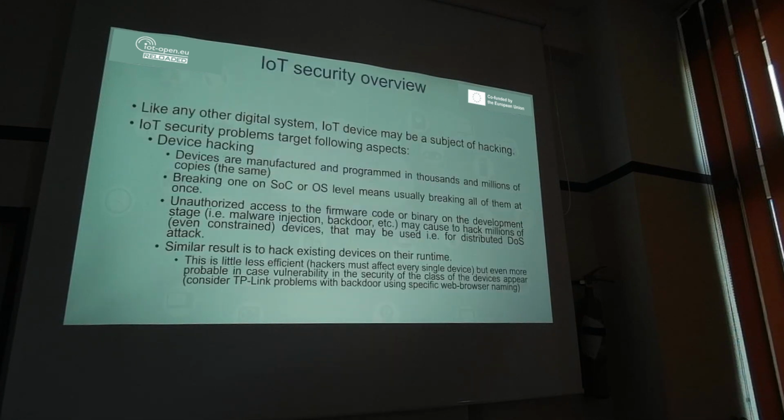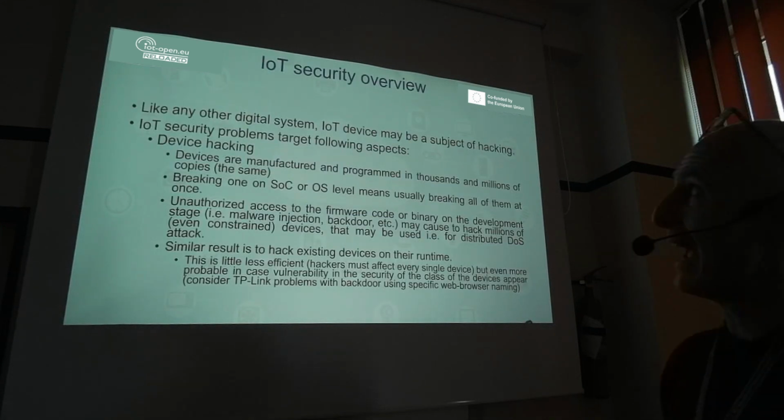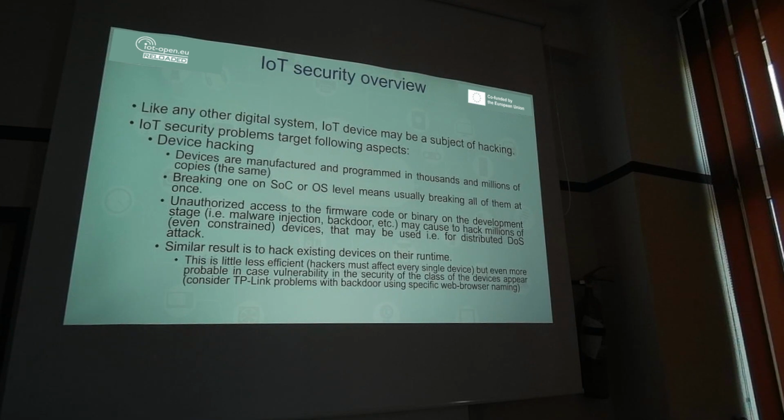Okay. So, IoT is like any other digital system, no doubt. It has some sort of constraints, but still we can consider it like a computer, right? On any level of IoT infrastructure. First kind of hacking is device hacking. I mean here even hardware hacking, like you add something to a device.